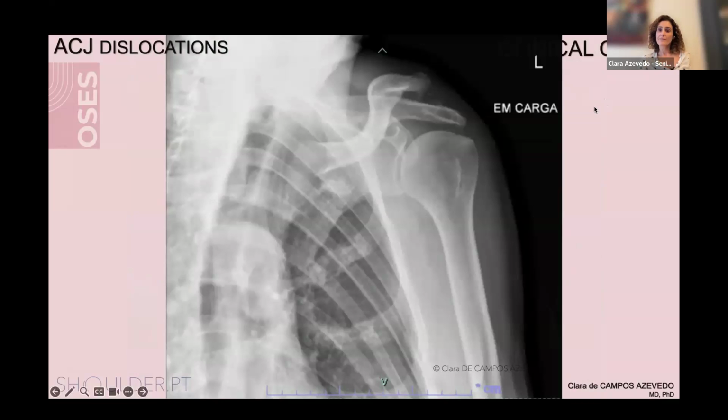Alex, well, I don't see a superior migration of the clavicle, but I see an inferior migration of the scapula. Thank you, Alex. But you see it. You see an inferior migration of the scapula. Yes. There is an AC joint dislocation. For me on this X-ray, I would say probably yes.